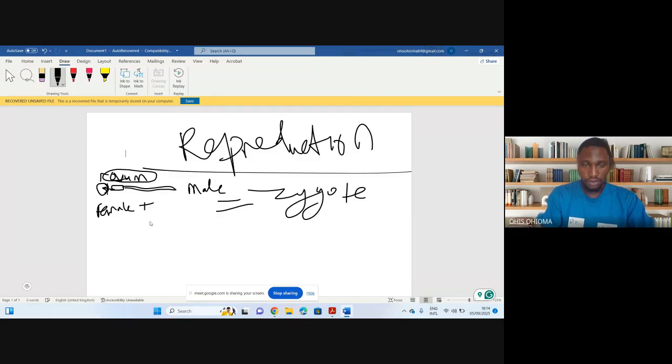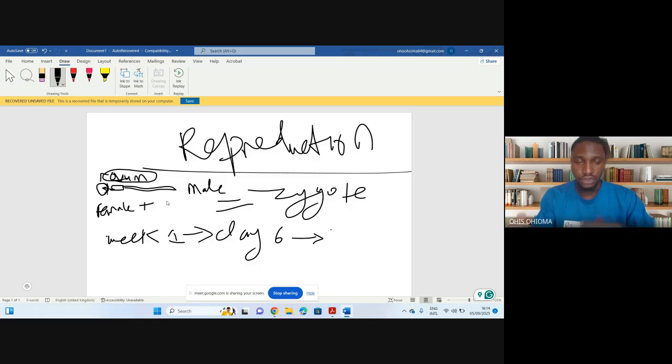And the series of events are characterized according to the weeks, right? So week one, which is around the week when fertilization occurs, there are key things you need to know in this week. On day 6 of the first week, there's a certain chemical being released by the cells that's being fertilized. This cell rapidly divides and undergoes a lot of transformation.